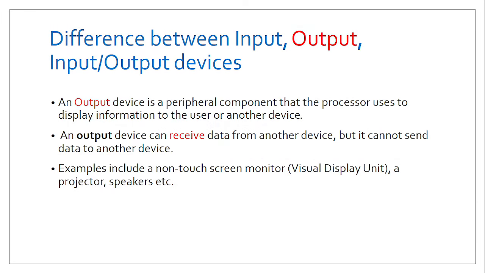We also have the output. Output devices perform the function of receiving data. Once the CPU or the processor has processed the instructions, it needs to display them or store them. What enables the computer to perform this kind of task is the output devices.